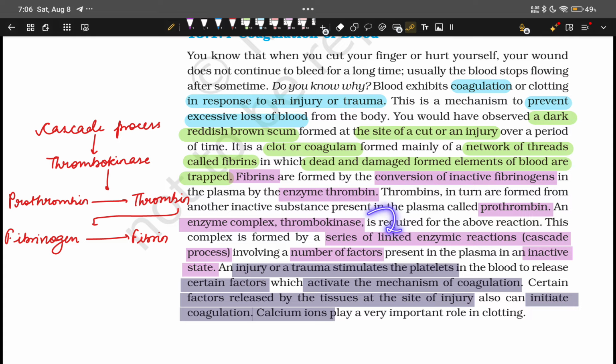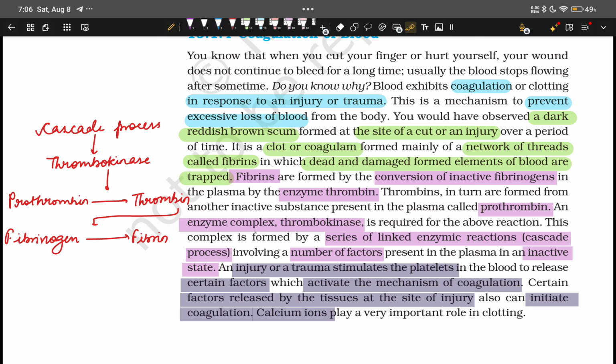This thrombokinase enzyme is formed by a cascade of enzymatic reactions involving a number of factors present in the plasma in inactive state. So all the enzymatic reactions give rise to thrombokinase, which converts prothrombin into thrombin, and thrombin converts fibrinogen into fibrin, which was there in the scum, so it helps to form the clot.